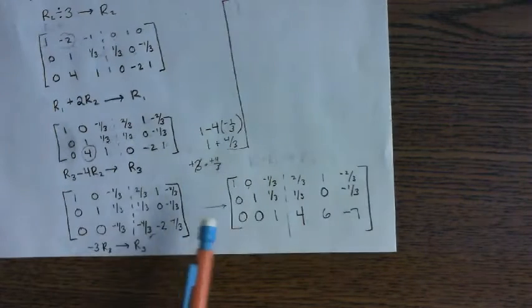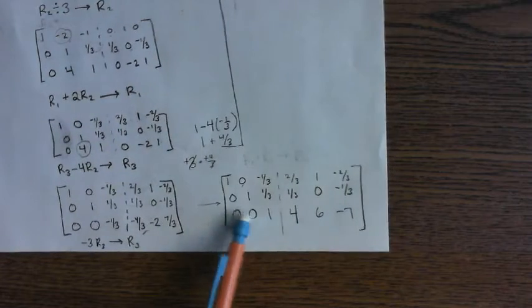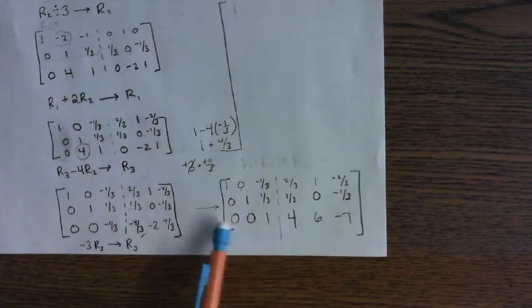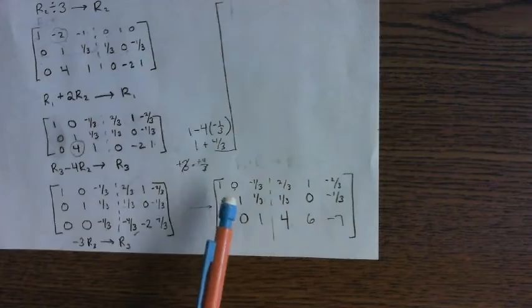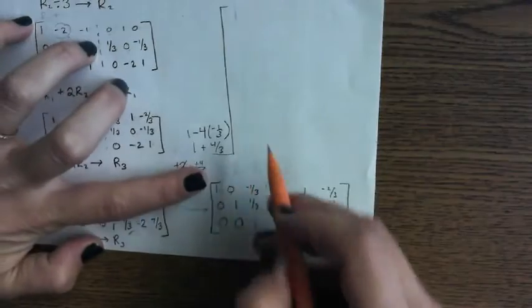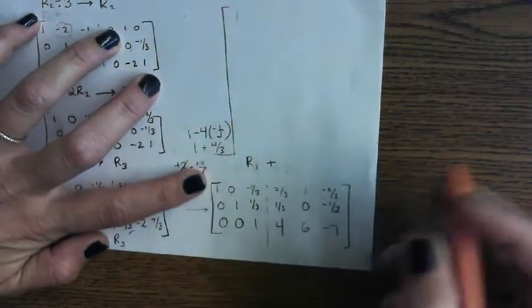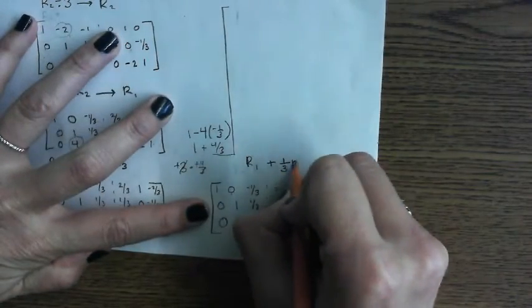You know what I have to do? I have to use row 3 because I have to use these that are both zeros. So I have to use my multiplier on row 3. So here's what I'm going to do. I'm going to take row 1 and I'm going to add 1/3 of row 3.